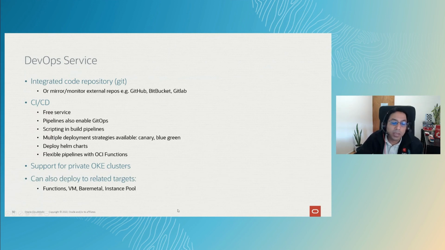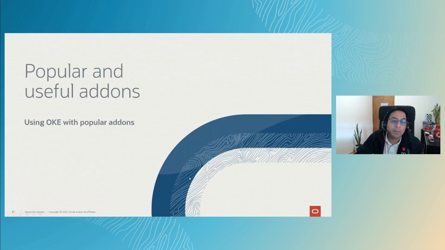More than just OKE, however, if your application consists not just of OKE, but also other related targets, like, for example, functions, VM, bare metal, or instance pool, you can use the DevOps service as part of an integrated whole for your pipeline.